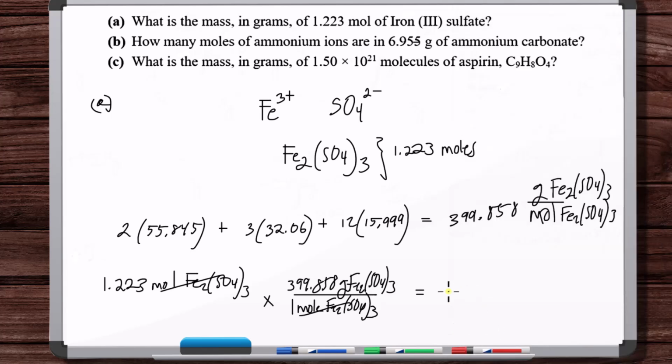That gives $489 grams. So the mass of 1.223 moles of iron 3 sulfate is 489 grams.